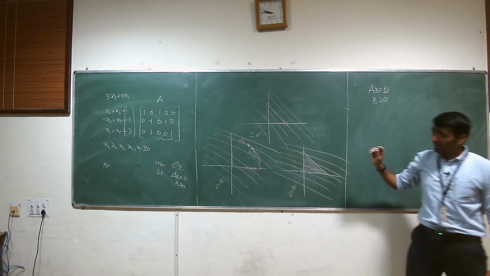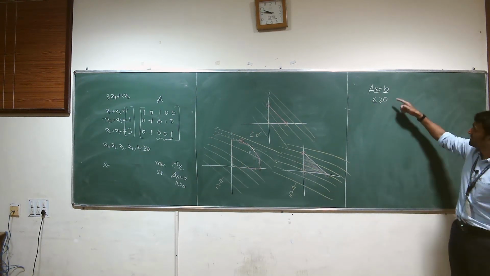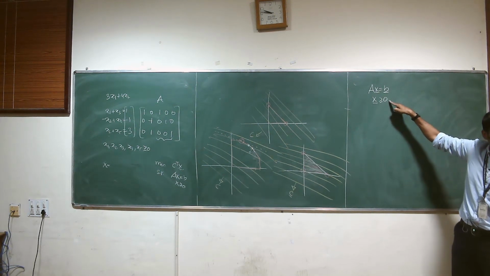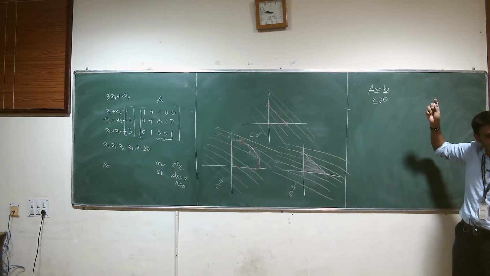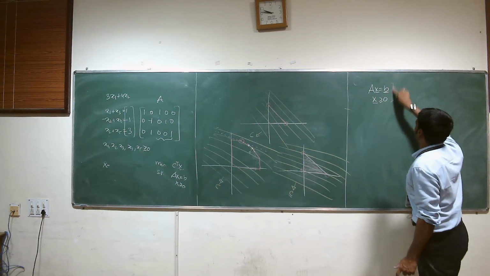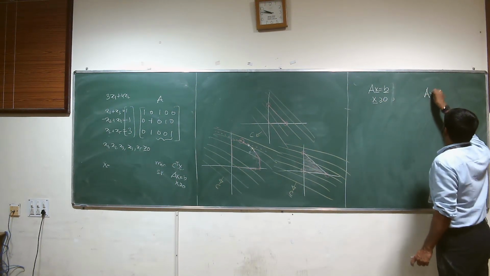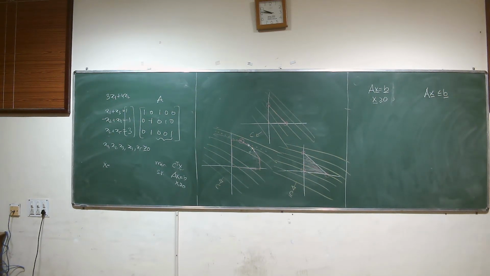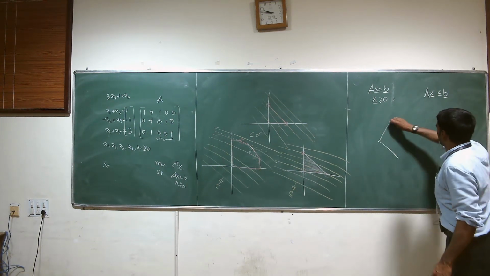If I'm on the boundary, that means some of these inequalities are equalities. To make it more clear, let's skip the standard version for now. Let's say we only had this, and this essentially corresponds to some polygon like this.